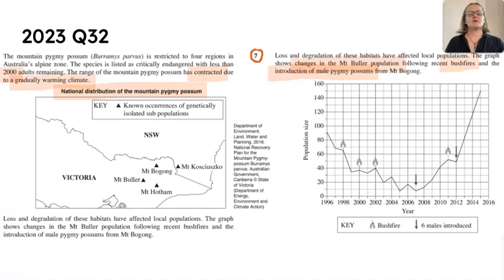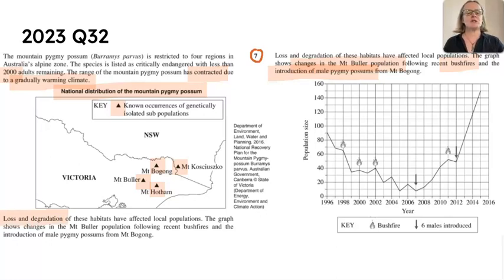So we've got the known occurrences of genetically isolated subpopulations. So these are populations that cannot interbreed with each other because they are genetically isolated. They're too far away to breed. So loss and degradation of the habitats has affected populations. That's another reason that we've got low populations.